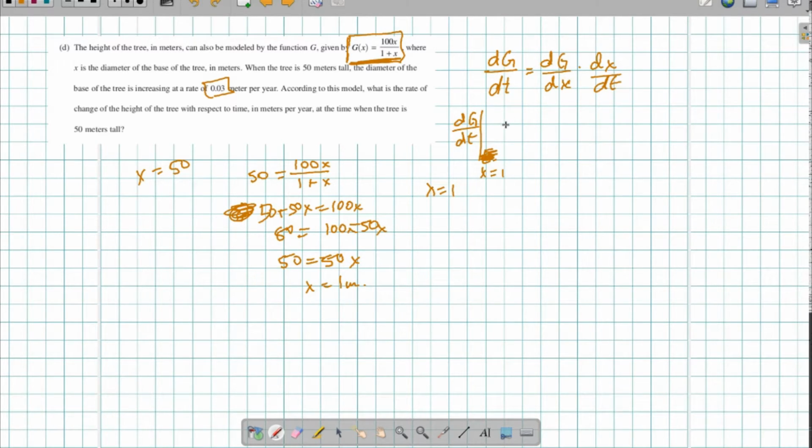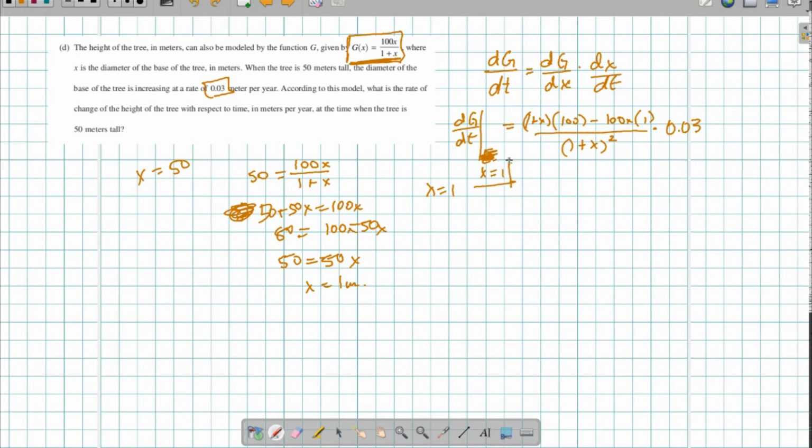So I'm going to have to figure out what the derivative of g is with respect to x. I'm going to use the quotient rule, so the bottom times the derivative of the top minus the top times the derivative of the bottom, over the bottom squared. And it's going to be all of that times dx/dt, which is 0.03.